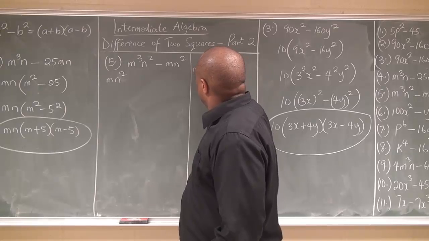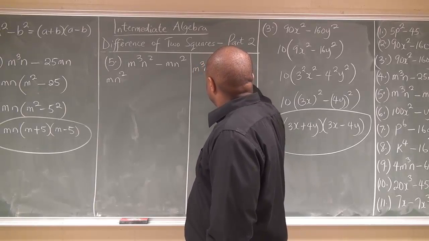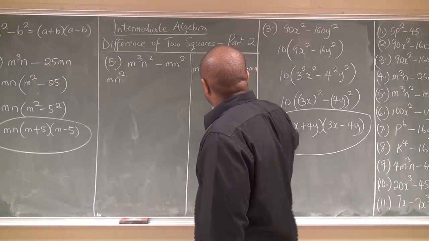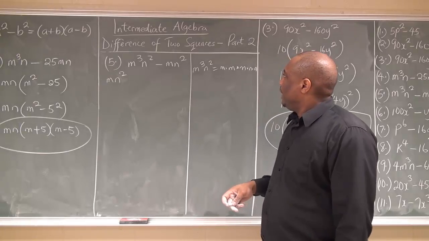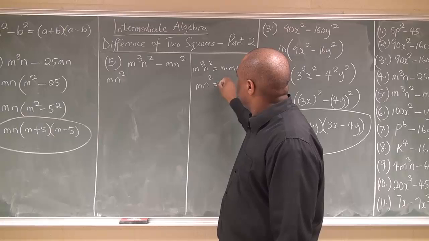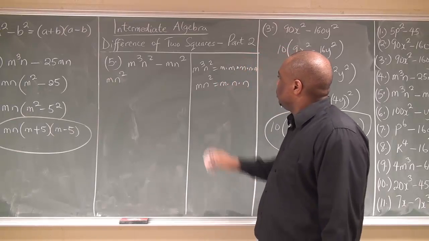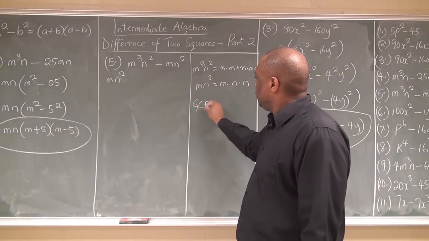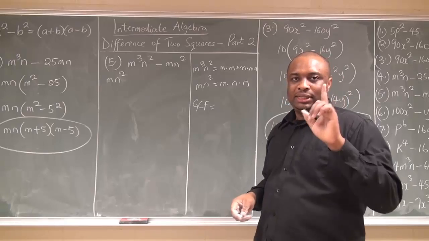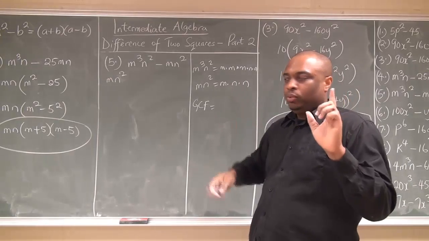You have m cubed n squared. This gives you m times m times m times n times n. Right? And then you have mn squared, which is m times n times n. So your GCF now will be what is common on both of them, pick it one time.